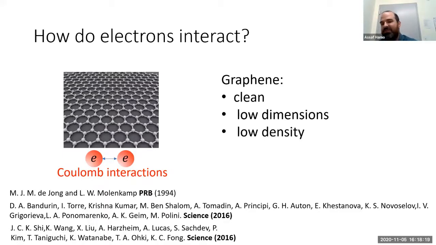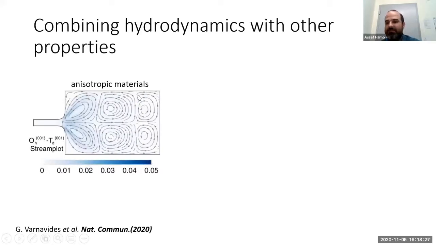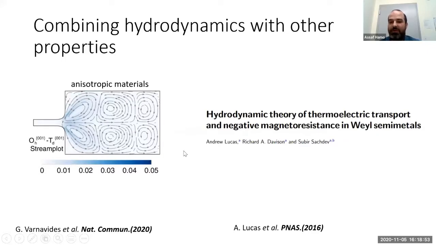And if you want, for instance, to combine hydrodynamics with other properties that we know from condensed matter, like conductivity that is not isotropic, conductivity that is different for different crystalline axes, there are predictions that if you combine hydrodynamics with this kind of effect, you get all sorts of extremely non-trivial flow patterns. You can also combine hydrodynamics with topology, like Weyl semi-metals.